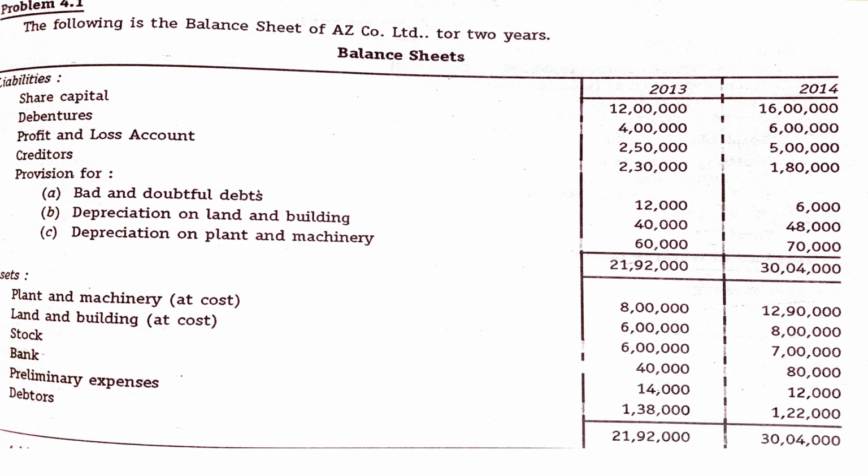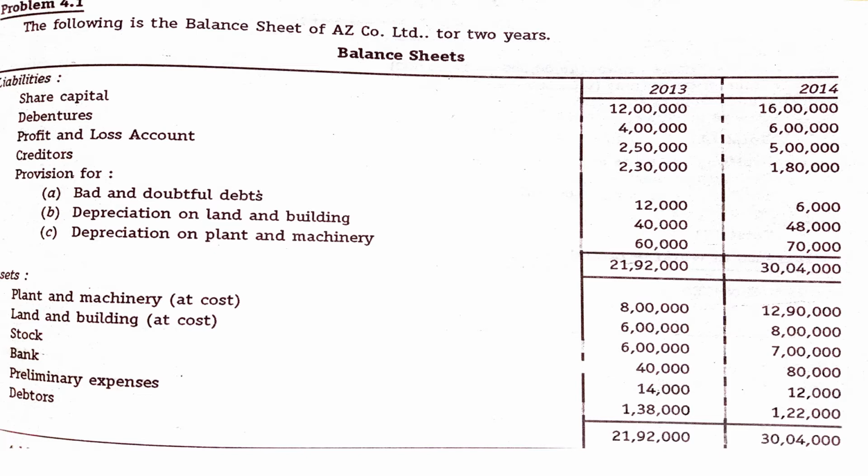Following is the balance sheet of XZ Company Limited for 2 years, 2013 and 2014. See the liabilities: share capital, debenture, profit and loss account, creditors, provision for tax, bad and doubtful debts, depreciation on land and building, depreciation on plant and machinery.